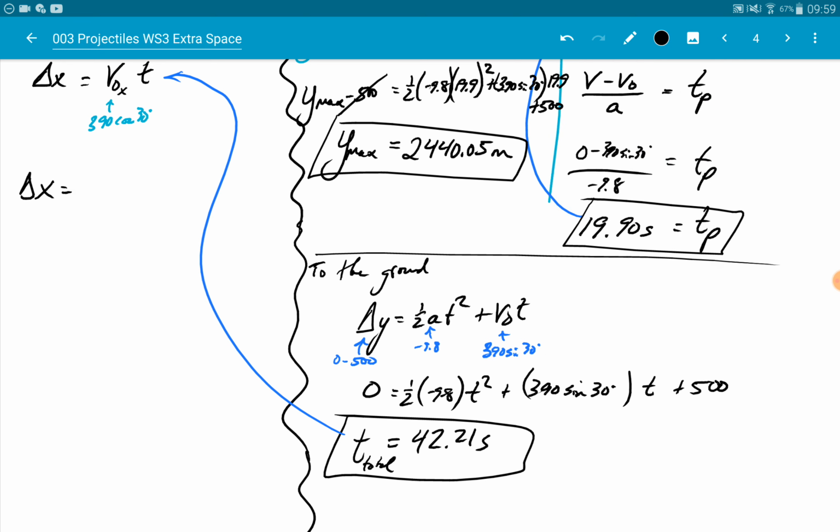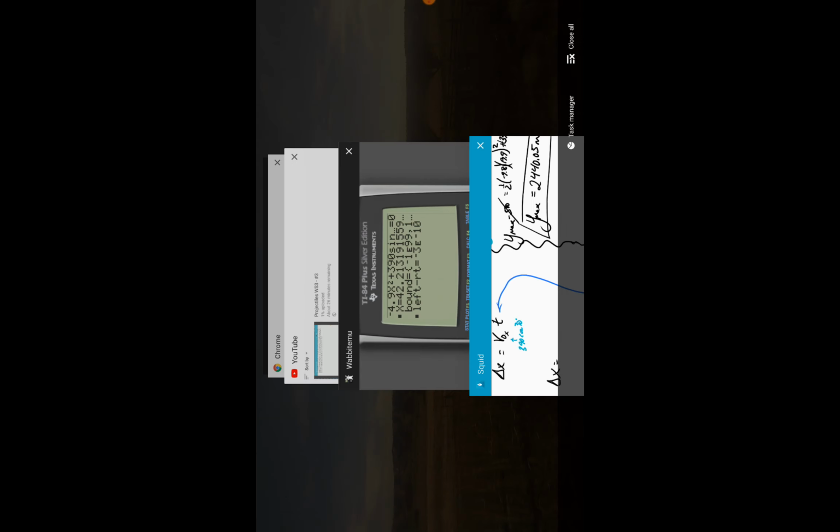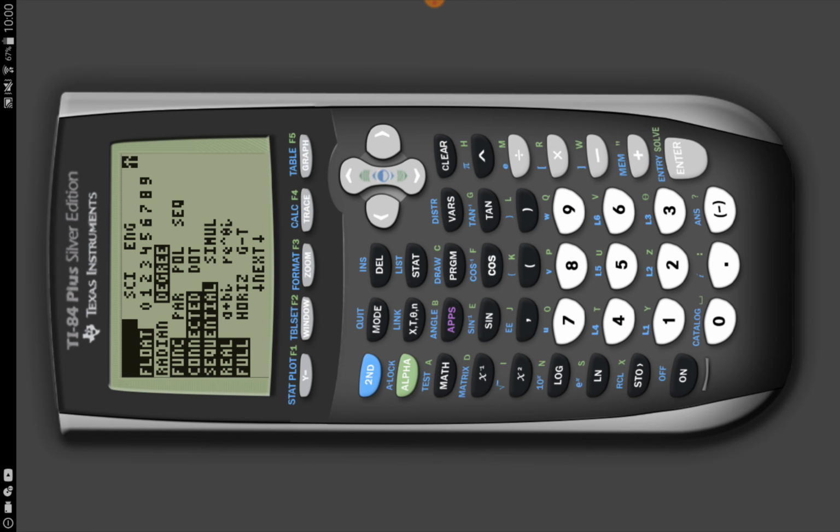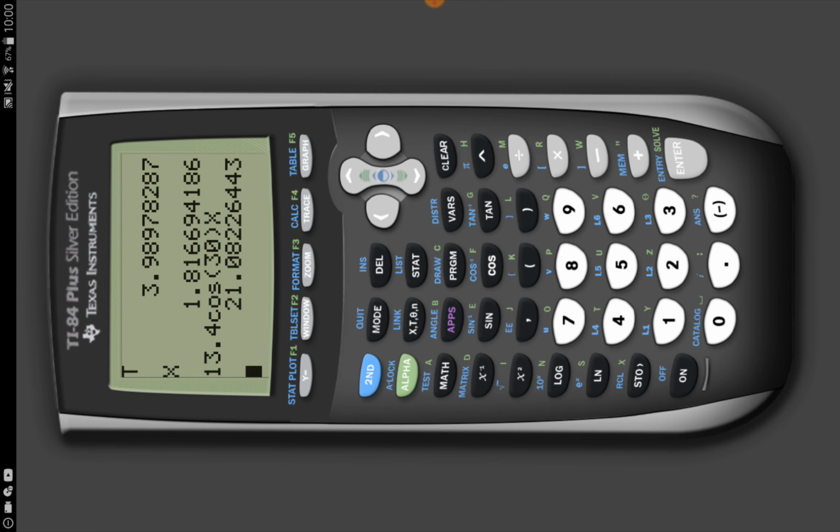So I find delta x is just that time value multiplied by 390 cosine of 30. Flip back to my calculator, and that becomes very easy since I have that stored. Notice how the calculator says x is equal to 42.21. So that's what it's stored in the calculator as. If I press second and then quit, I get back to the home screen.